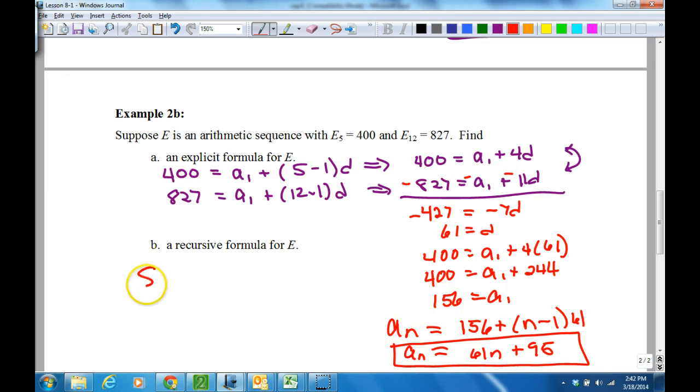My recursive formula on this is a sub 1 equals 156, and then a sub n equals a sub n minus 1 plus 61. The a sub 1 equals 156 is the first term, yep.